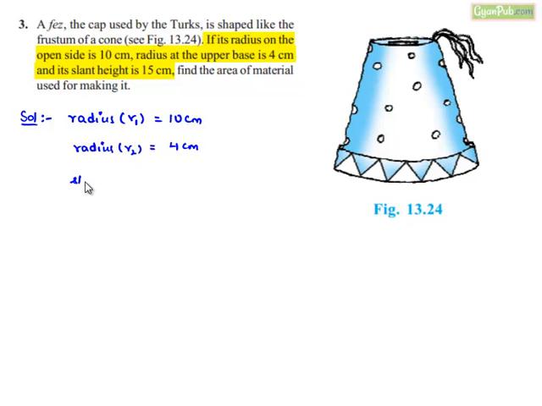The slant height of the cap, L, is equal to 15 centimeters. He is asking us to find the area of material used for making it. So if we observe the cap, the area of material used will be for making the curved surface area of this cap and also the top surface.